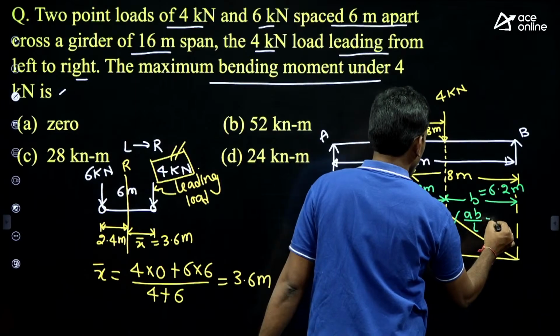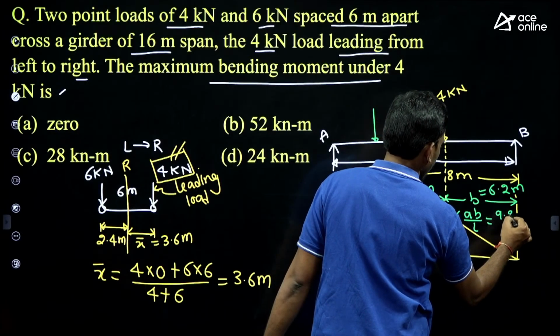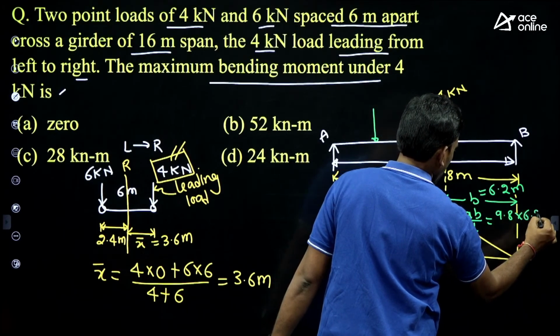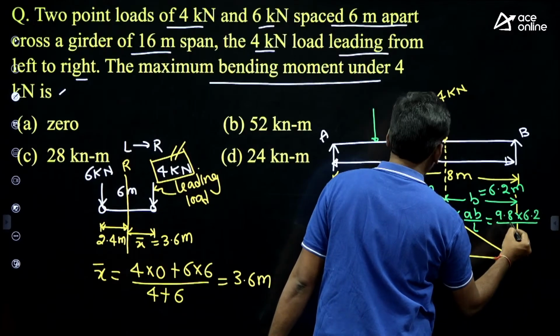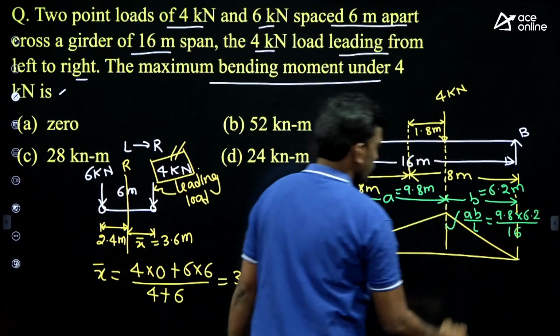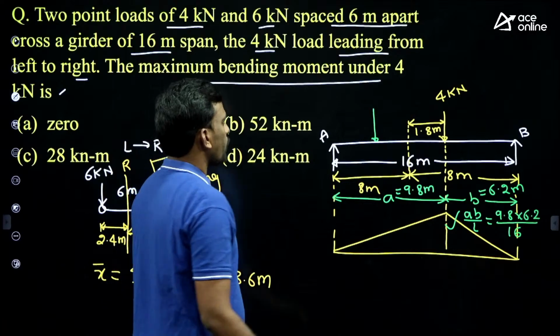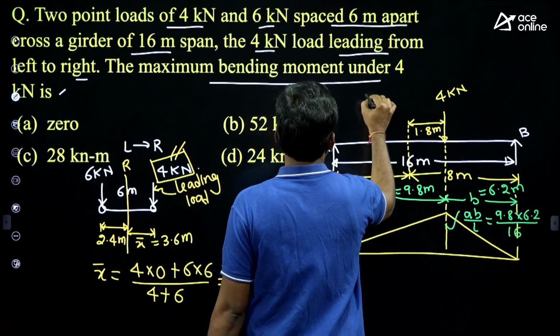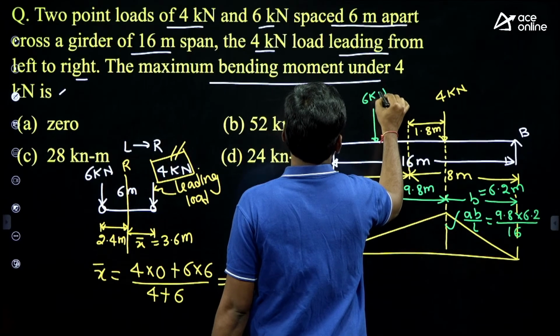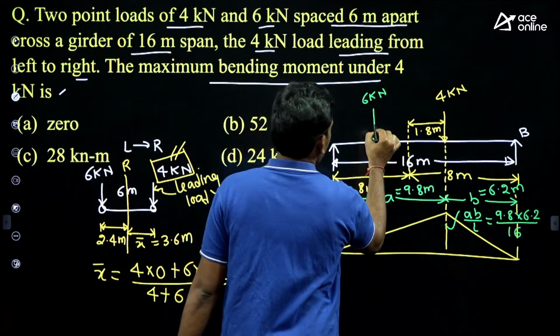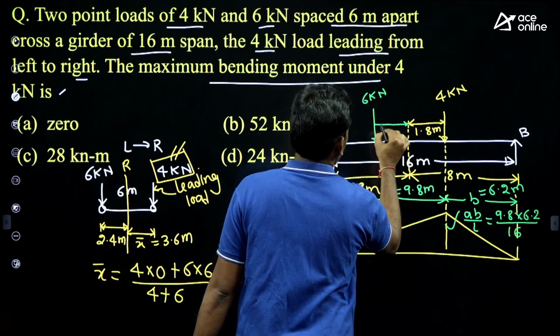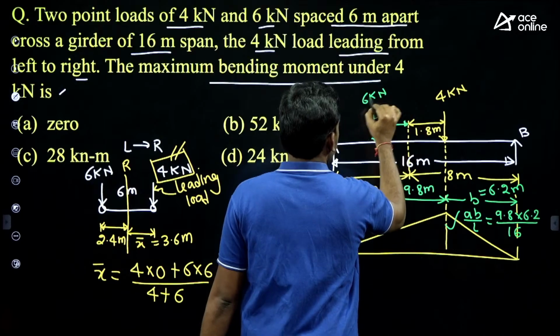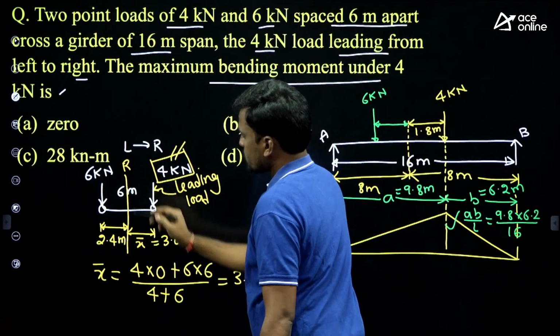Now here, 9.8 into 6.2 divided by 16. What is the load here? This is the 6 kilonewton. What is the distance between 6 and 4 kilonewton? 6 meter, right?